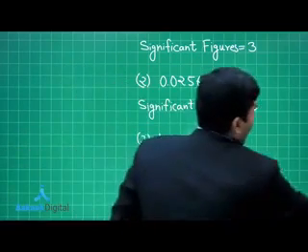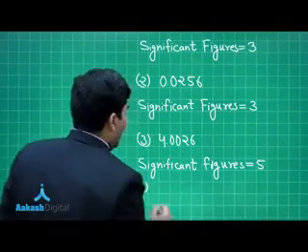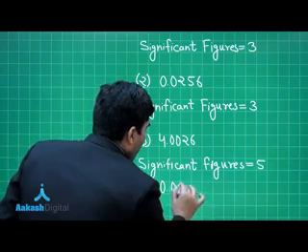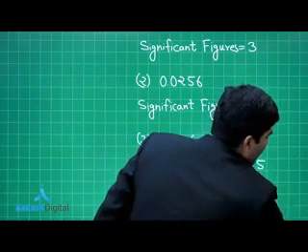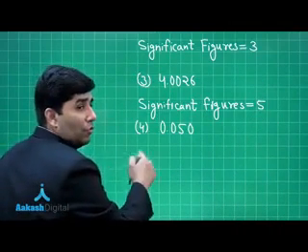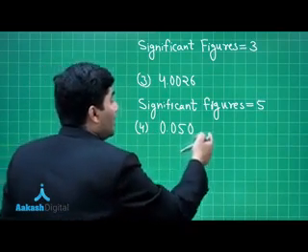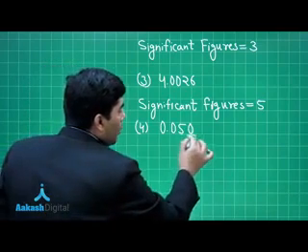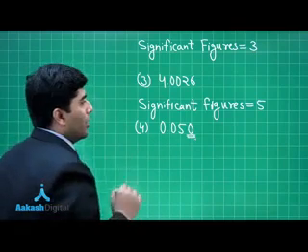And the last one, fourth. And what is fourth? Fourth is 0.050. So guys, how many zeros are to the left of the non-zero? There are 2 zeros to the left of the non-zero. There is a decimal, and after that 5 there is 1 zero. That's why this 0 is significant, but these 2 zeros are not significant.